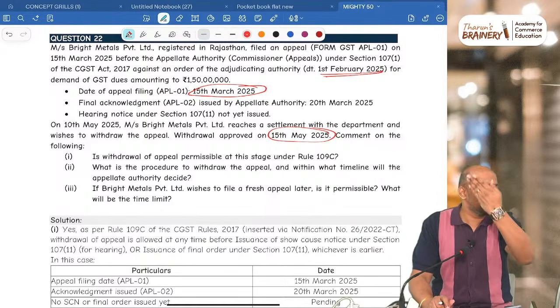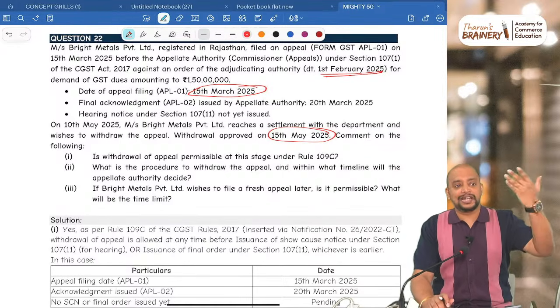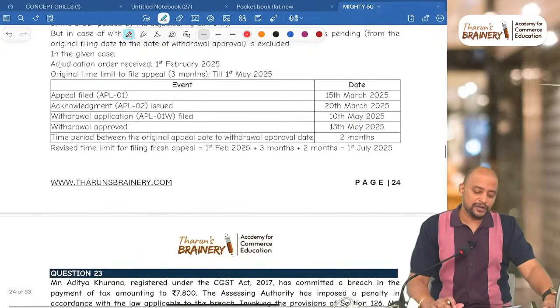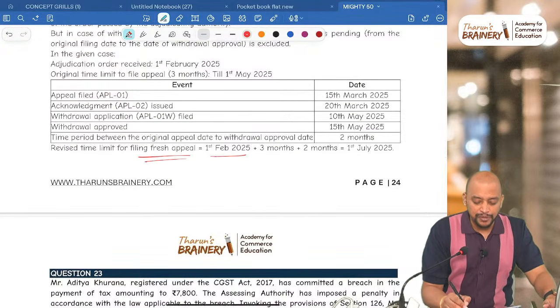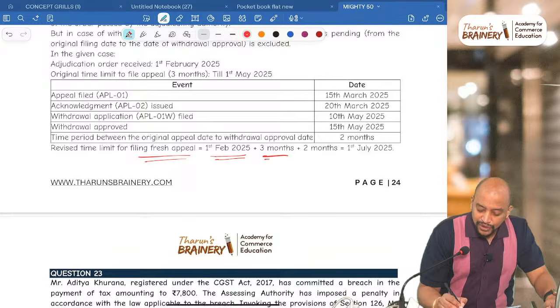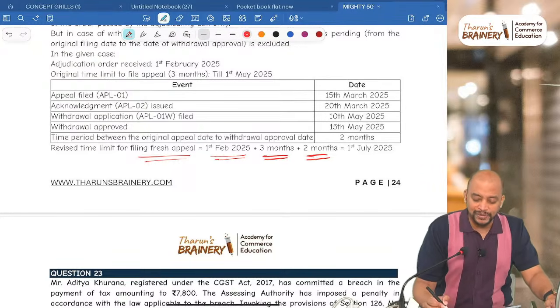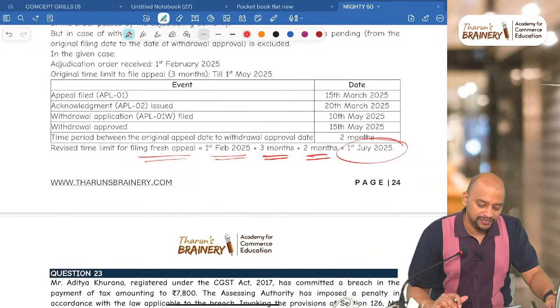That period will be excluded, so that you get the revised time limit for making a fresh appeal. 1st February 2025 plus 3 months regular time limit plus 2 months. So 1st July 2025 will be taken.